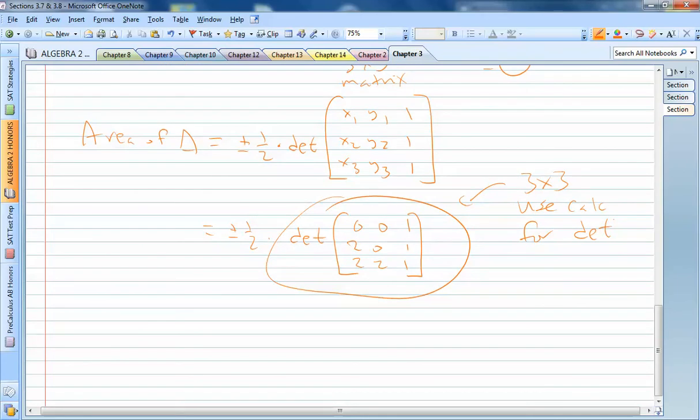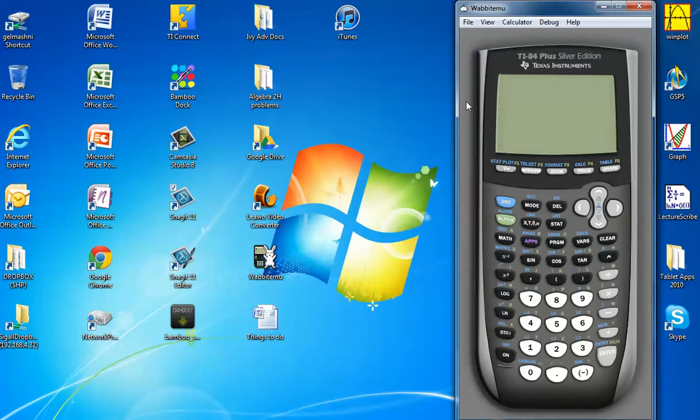So, here's what we're going to do. Notice how I downloaded this new thing. It's called Wabbit. It's an online calculator. So I'm going to turn it on. Go to second matrix. I'm going to edit that one. I'm going to do a 3x3 matrix. And I'm going to type in 0, 0, 1. Then 2, 0, 1.